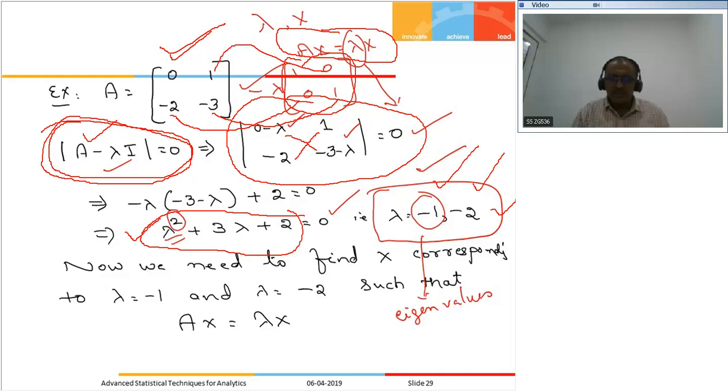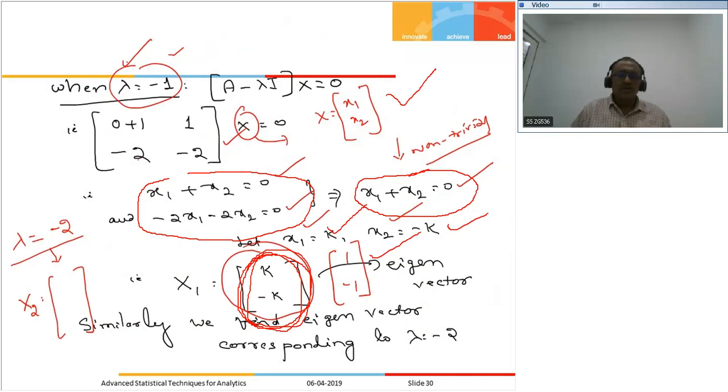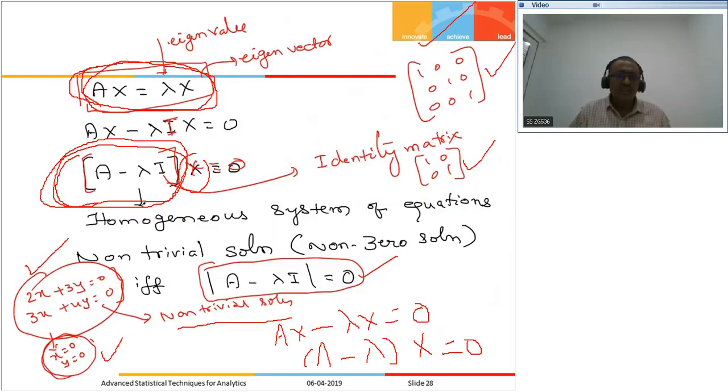So how to do it: we had Ax equal to lambda x, right? Now take lambda equal to minus 1 and A what we already had. Then we have to solve it for x. Just like what we discussed yesterday, Ax equal to lambda x, then the matrix is A minus lambda I into x equal to 0.